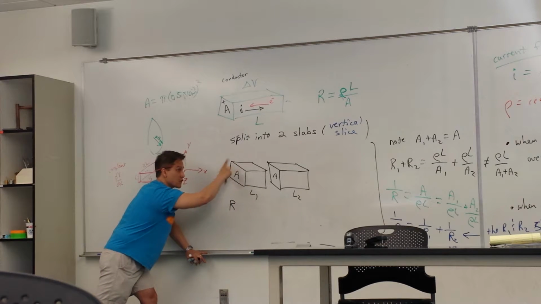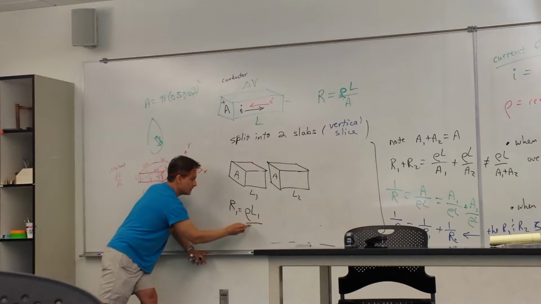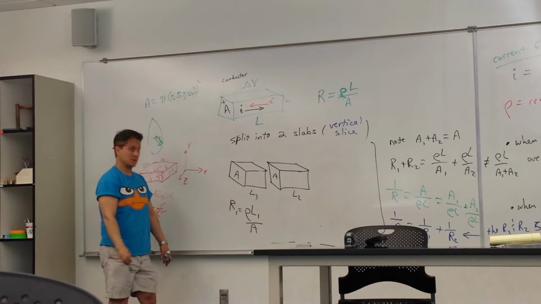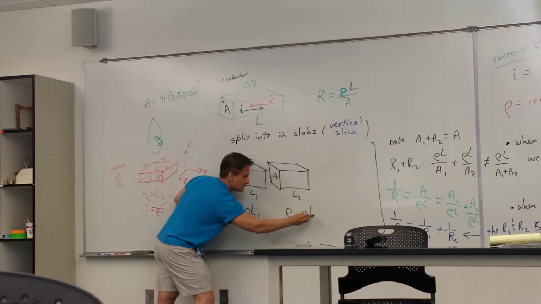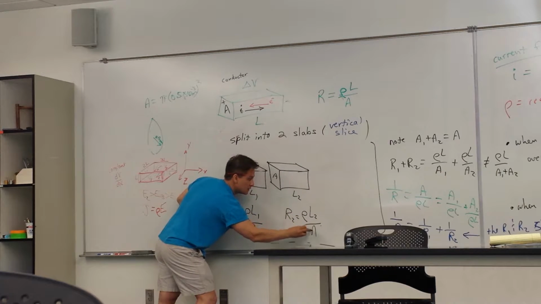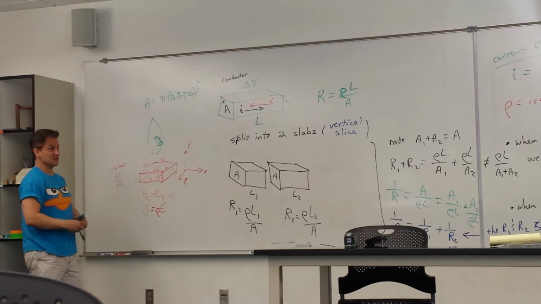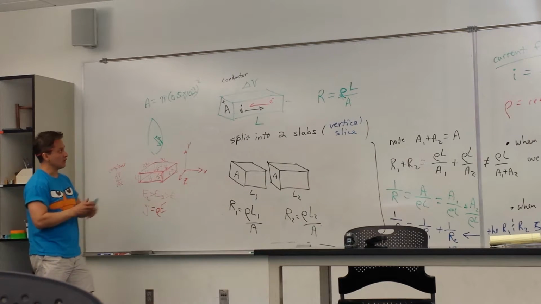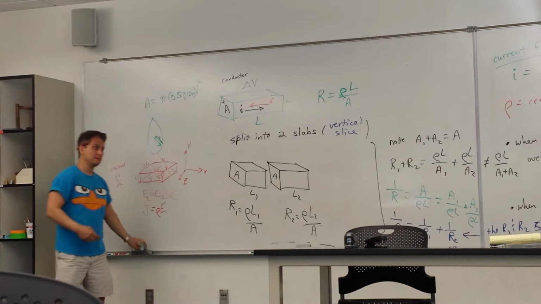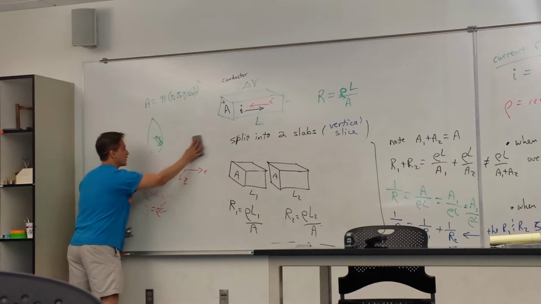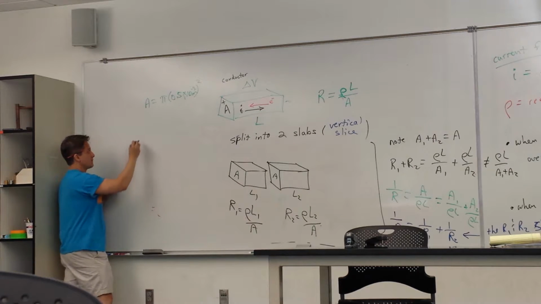The resistance of this first slab should be related to rho L1 over A. The resistance of the second slab should be rho L2 over A. And if you added them together, lo and behold, they equal rho times total length over A. So here's your consecutive or series arrangement of conductive materials.